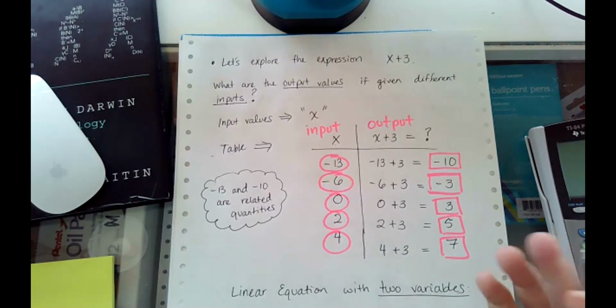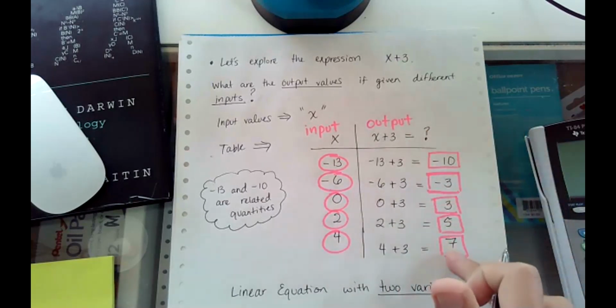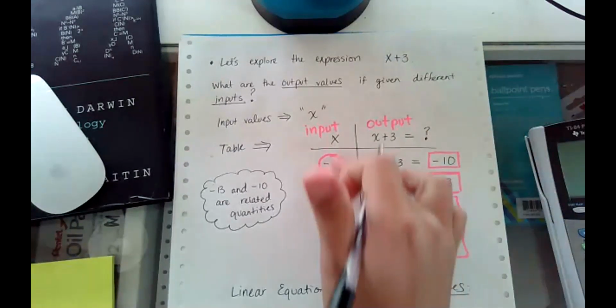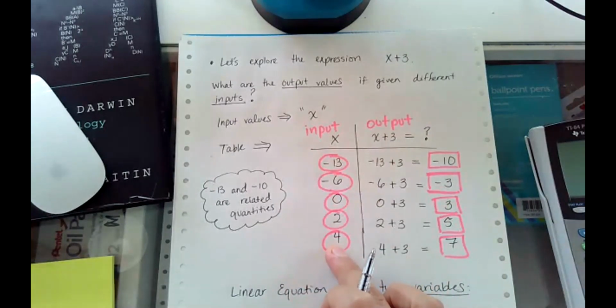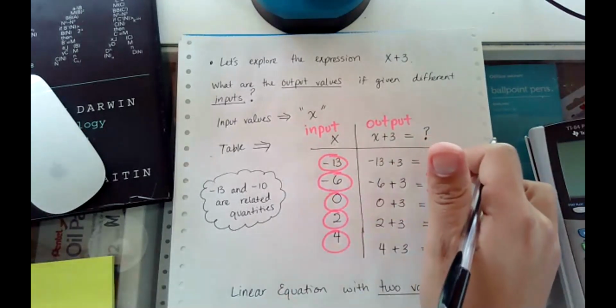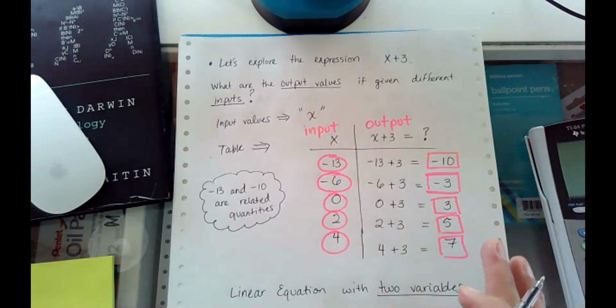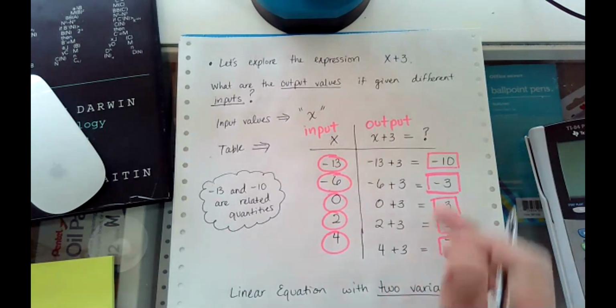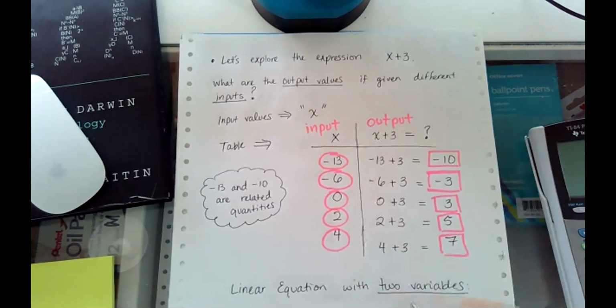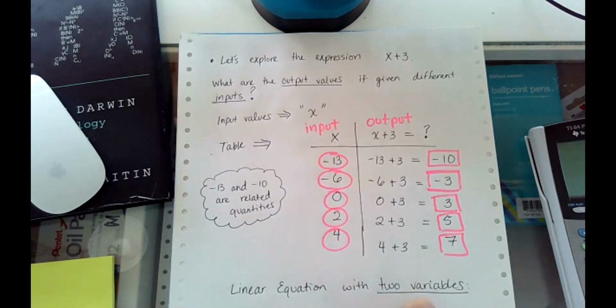And the second variable comes from the output, right? Because it looks like we just randomly chose these input values and then we just threw them into the machine and it spit out some other number, and that was our output. So you can think of this equation as y is equal to x plus 3.